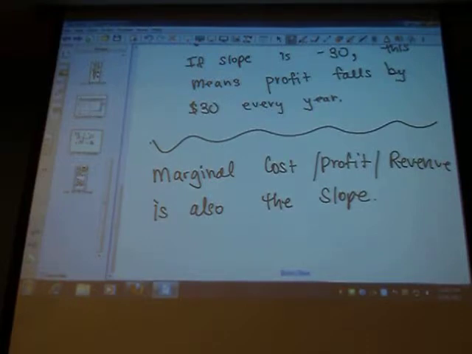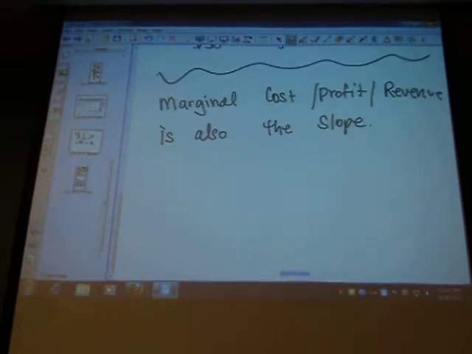So what that means is that when they're talking about marginal, say it's marginal cost, they're talking about the slope of the cost. So this means how much would the cost or the profit or the revenue change for every item you produce.